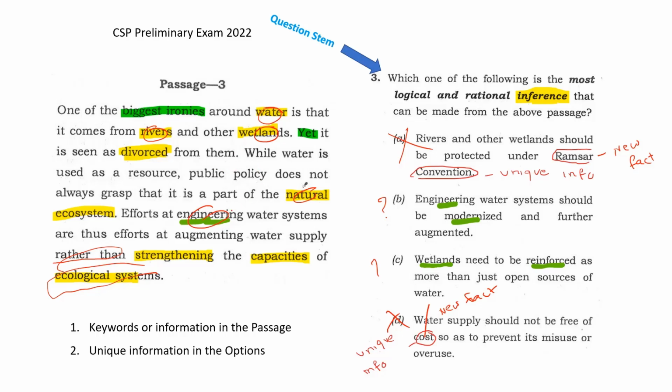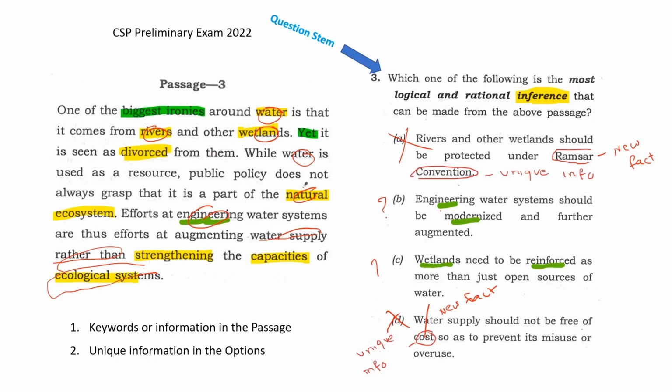Efforts at engineering water systems are thus efforts at augmenting water supply, but our focus has been on water supply. Public policy does not always grasp that water is part of the natural ecosystem. Water as a resource is part of the natural ecosystem. So we need to strengthen the capacities of wetlands and rivers.